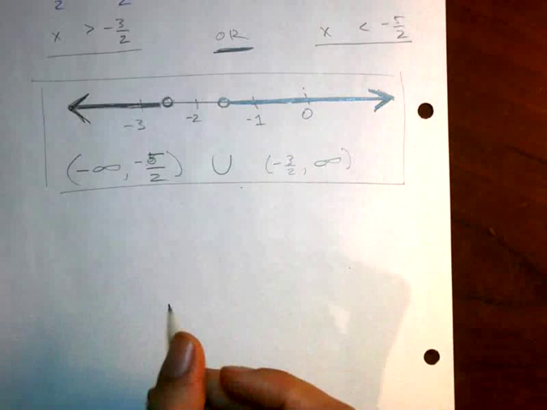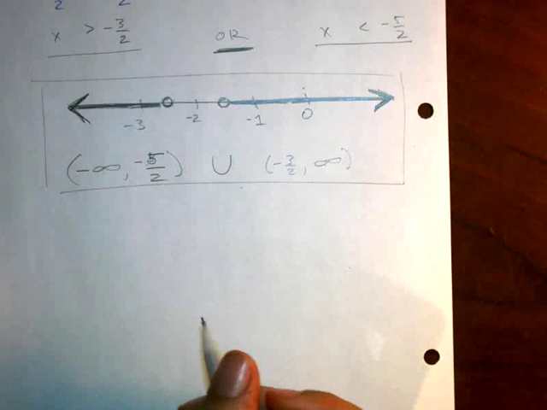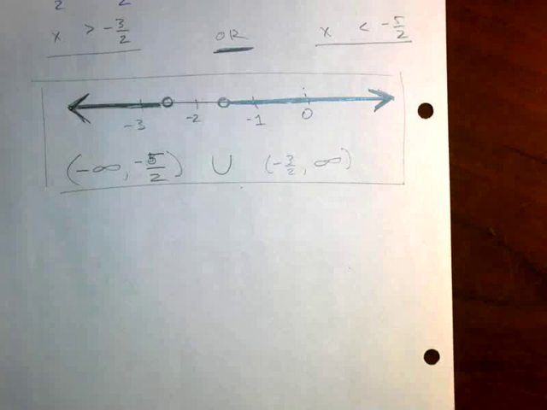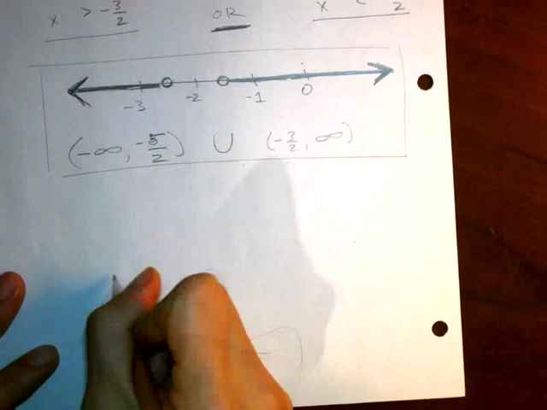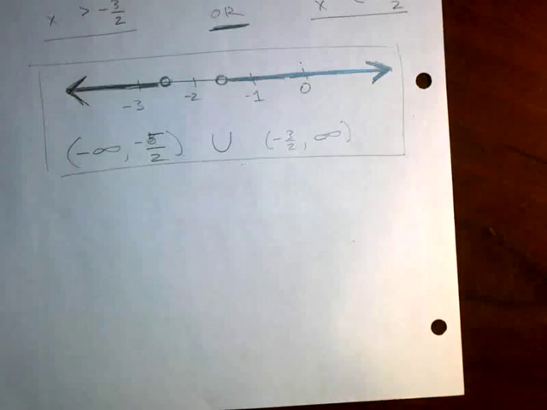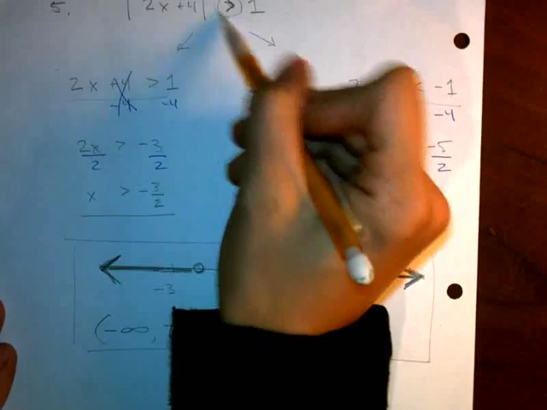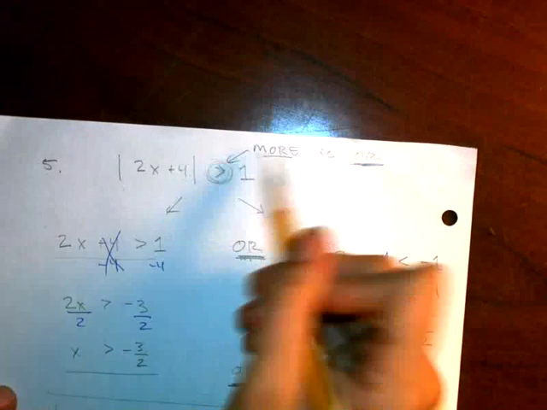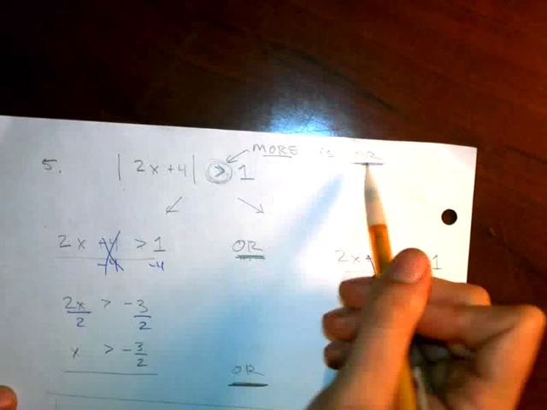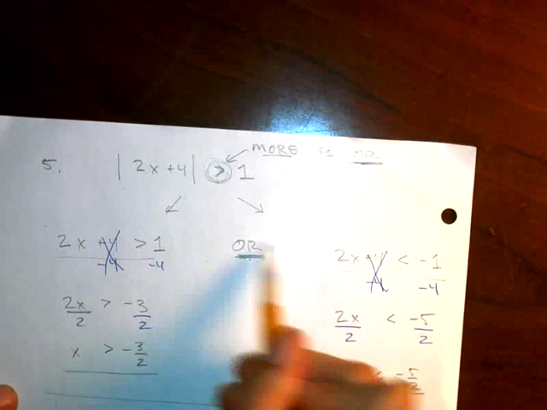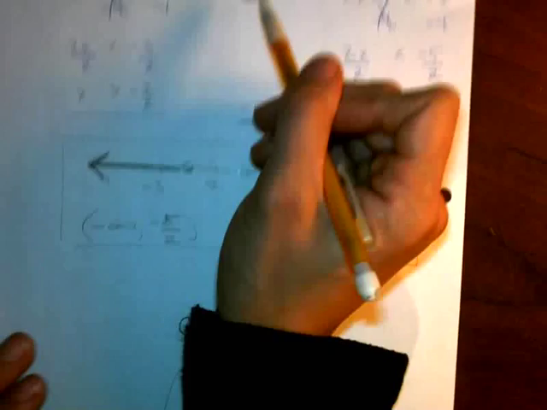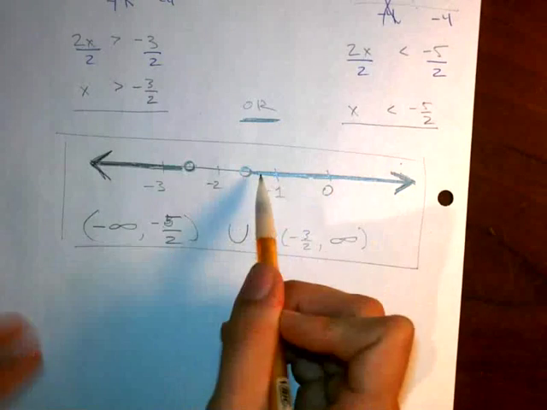So more is or. If this was a less than sign, if we were solving an equation that had, I'm going to make something up that may or may not work, but if this was a less than sign, we would not be saying more is or. We would be saying less is nest.